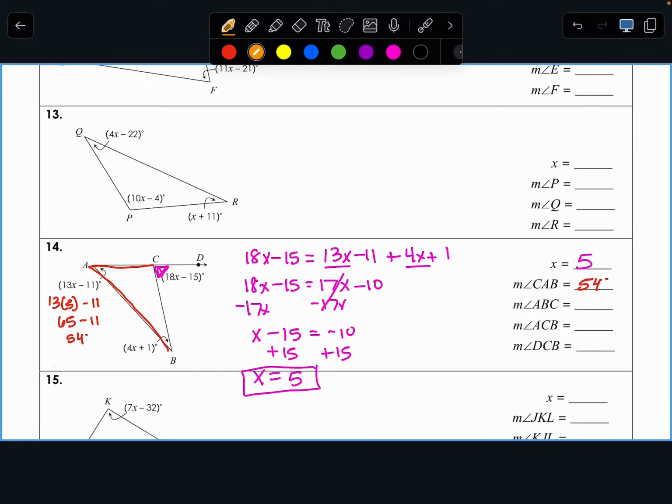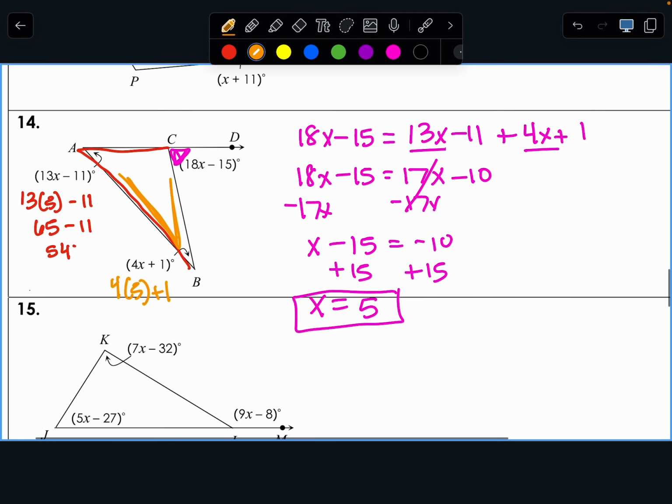Then I want A, B, C. So A, B, C is this one. So that's 4 times 5 plus 1. That's 21 degrees. What is that in the parentheses when you substitute? A very messy 5. Right, because it's x. And x was 5.